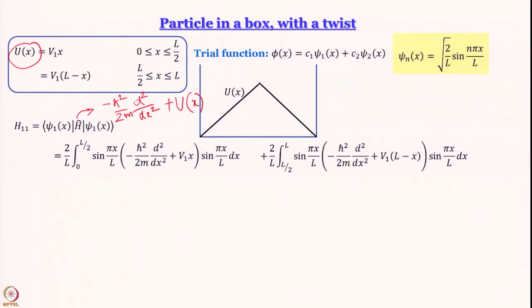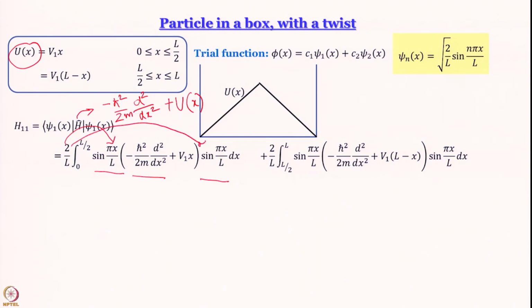Alright. What do you get if you try to expand the first integral? Well, that is the final answer. Let me write the first integral. So, here if I take this sin pi x by L minus h cross by 2m d2 dx2 sin pi x by L, and what I will do is I will bring this here also, root 2 by L here, root 2 by L here.